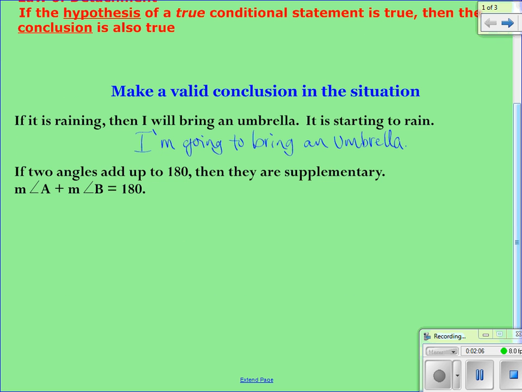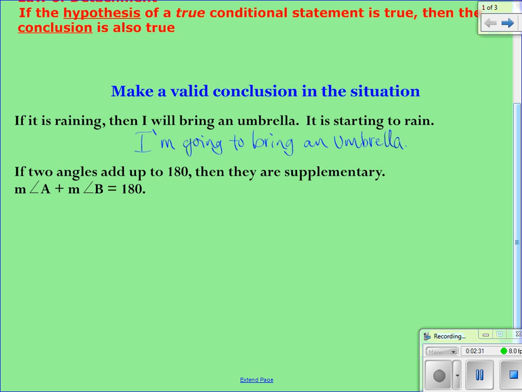Give you another example of law of detachment. The true statement: if two angles add up to 180, then they are supplementary. Okay, well then I'm going to tell you that the measure of angle A plus the measure of angle B equals 180. Can't say they're supplementary. What would we have to say? More specific.